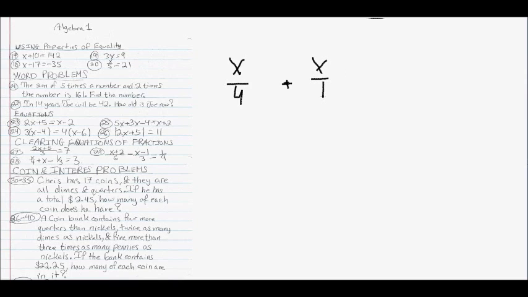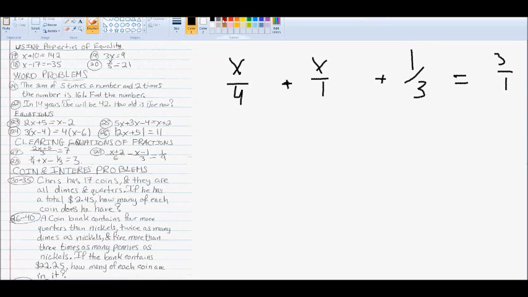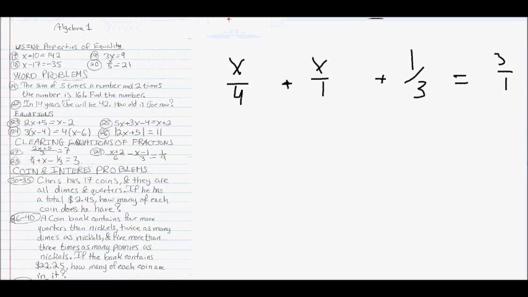We have x over 4 plus x over 1 plus 1/3 equals 3 over 1. Like I said initially, what's same as 4 and 3, the common denominator could be 12.